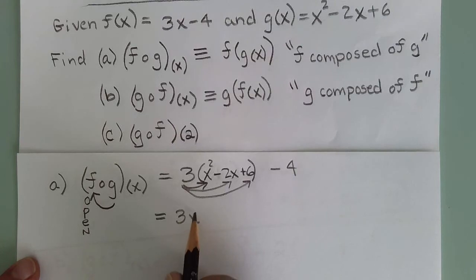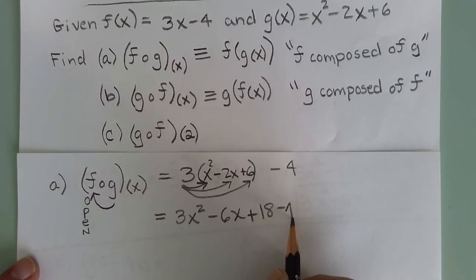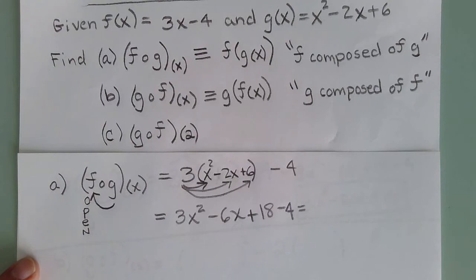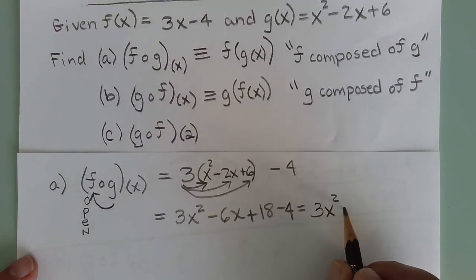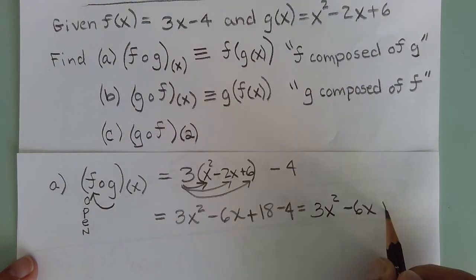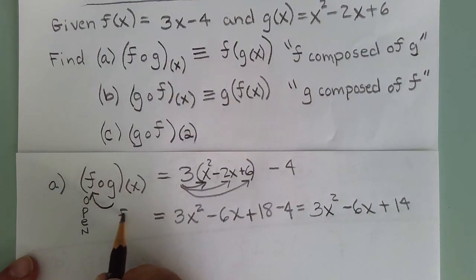Just operations that you've been doing all along. We're distributing right now. Drop down that minus 4, and then of course always give your answer in as simplified a form as you possibly can. So this would be 3x squared minus 6x plus 14, and that represents f composed of g.